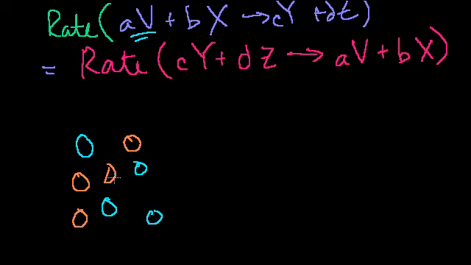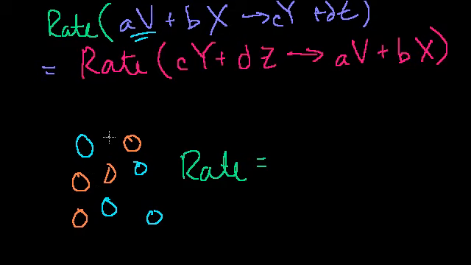So the reaction is really going to be driven by the probability of finding A V molecules and B X molecules all within close enough confines that they can actually react. So you could say that the rate is going to be proportional to, let's say it's just equal to, some constant that takes into account things like temperature and how the molecules are configured, because it's not dependent just on them being there.